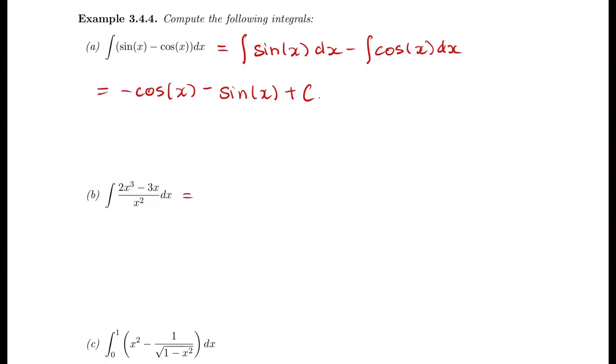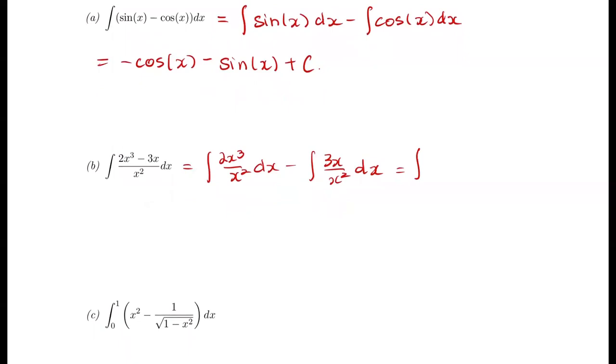So I could rewrite this as the integral of 2x cubed divided by x squared dx minus the integral of 3x divided by x squared dx, which leaves us with the integral of 2x dx minus the integral of 3 over x dx. Evaluating each of these integrals, we get x squared for the first, and for the second, 3 ln of x, plus c.